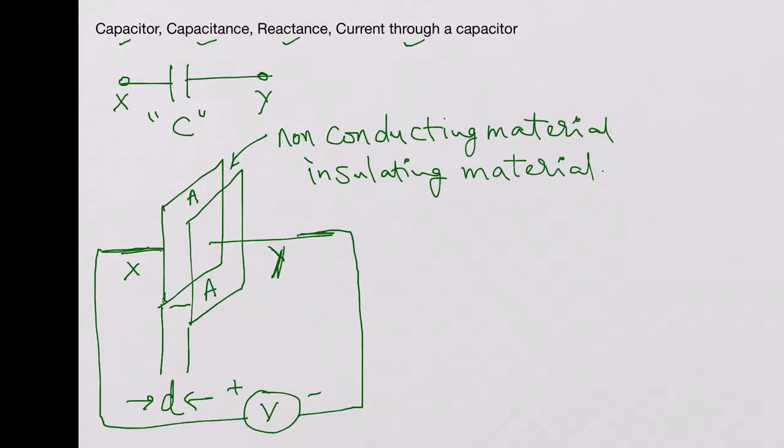What happens is there is a positive charge that accumulates on the plate X, and to balance that positive charge on the plate X, a negative charge accumulates on the plate Y. So it looks as if there is a current flow through the circuit initially.